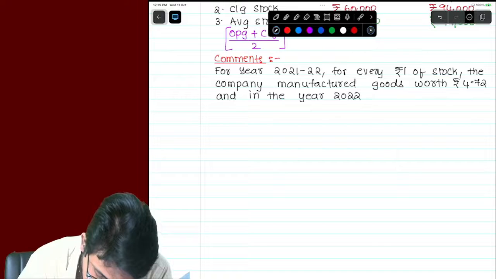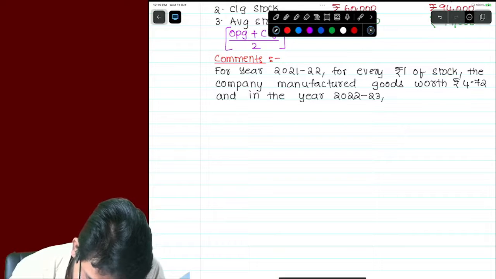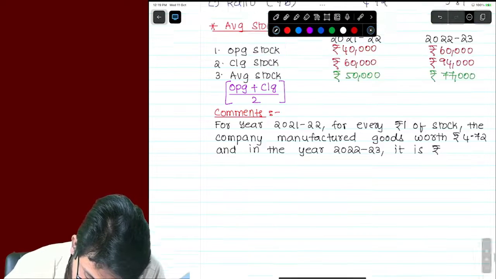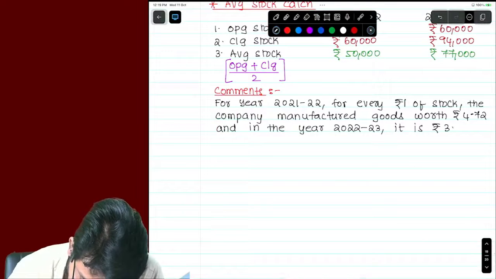And in the year 22-23, it is rupees 3.87.